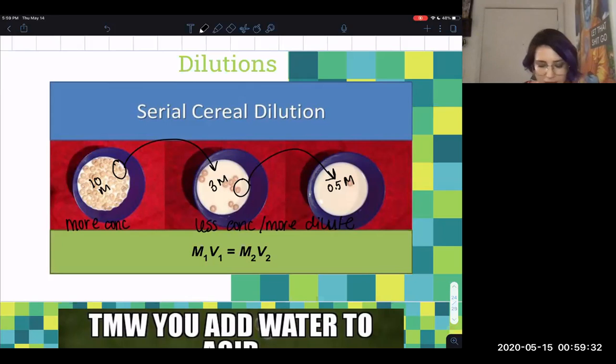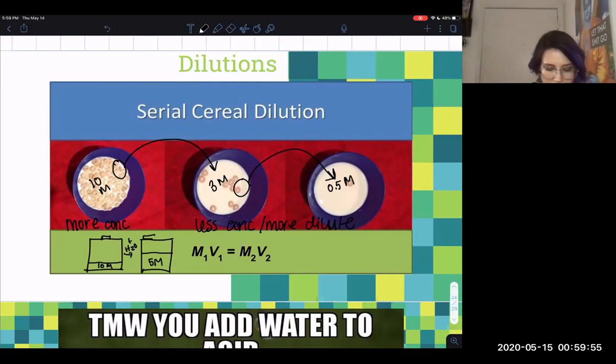So in a lot of cases, it would look like this. It would be a container, and this is your 10 molar. Then you would add some water, plus water, and you get a container that's got this much water, and now this is 5 molar.